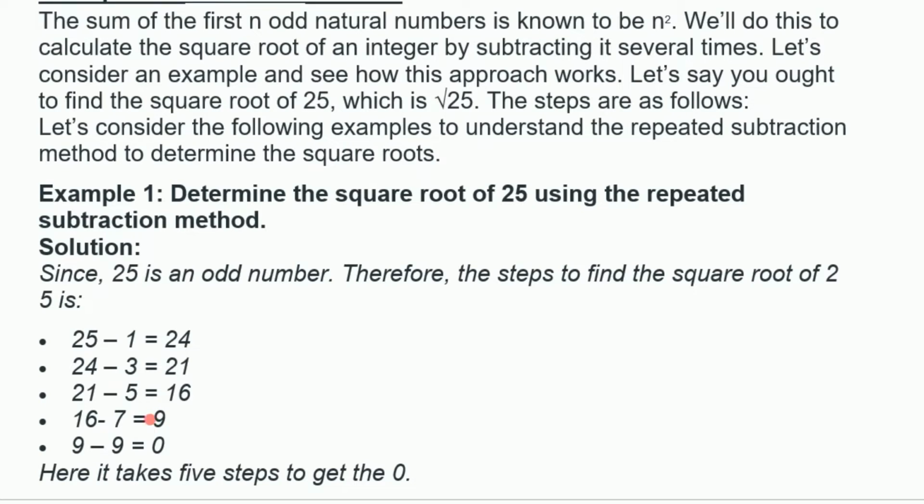And 9 minus 9 is 0. When we get 0, we stop subtracting and count the number of steps: 1, 2, 3, 4, 5. So the square root of 25 is 5, since we took 5 steps to get 0. This is the concept of repeated subtraction.